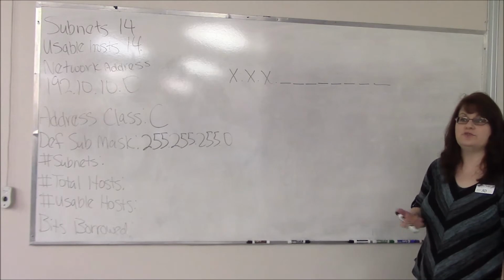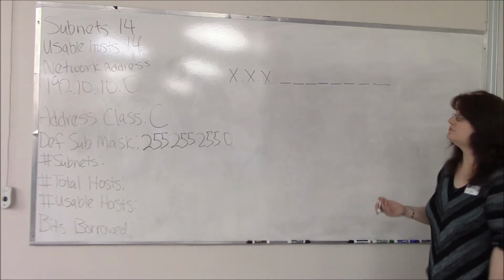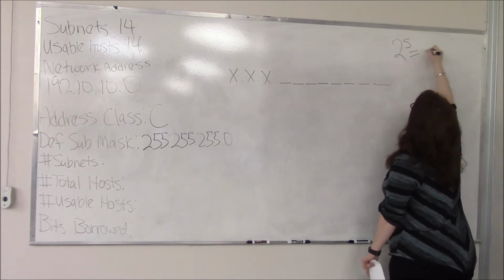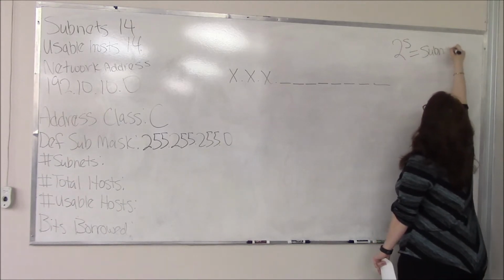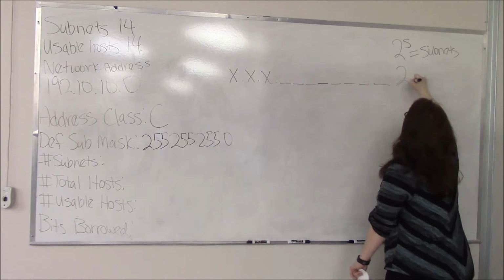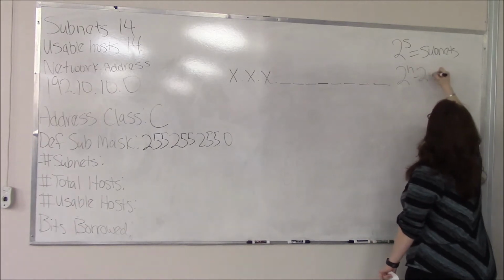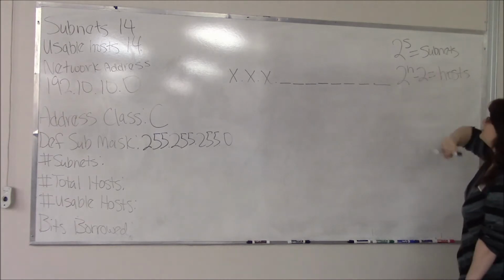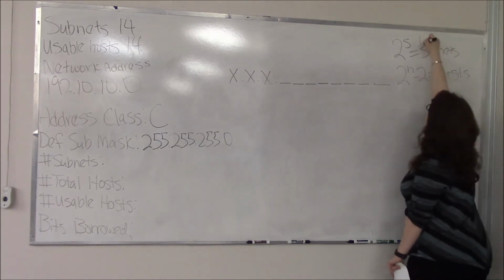Well, I go back to those formulas I talked about first. Those formulas were 2 to the S equals the number of subnets, and 2 to the H minus 2 is the number of hosts. The subnets were the bits turned on.